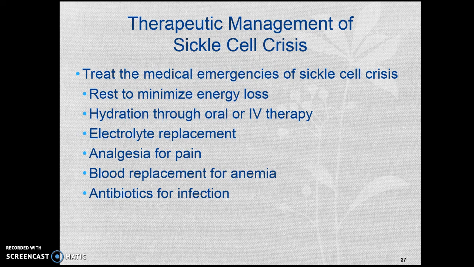It may be necessary to administer blood transfusions of healthy red blood cells. And then the final thing you must do is to treat whatever it is that is triggering the crisis. If it's an infection, if it's dehydration, do you need to administer steroids, antibiotics? You need to treat the cause of that.